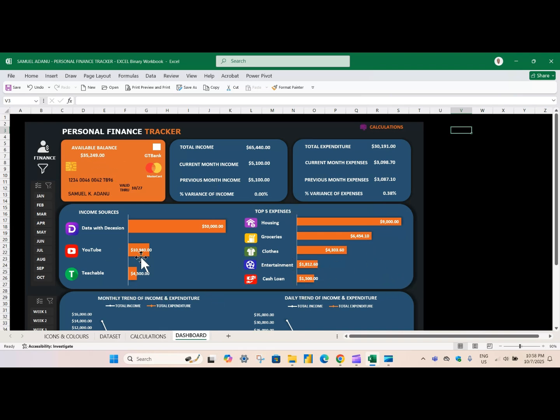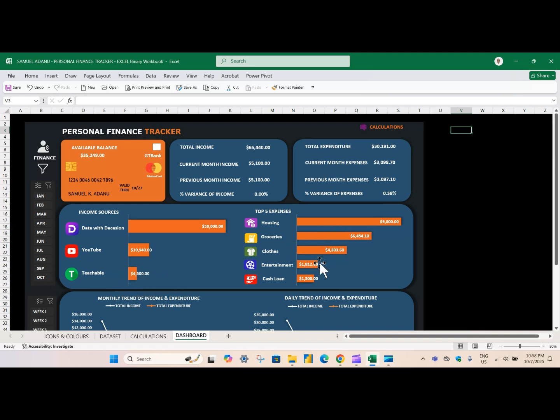And from the income sources clustered bar chart, we can see that Data with Decisions is the number 1 income source that has brought in an amount of 50,000 US dollars, followed by YouTube, which brought in 10,940. Then last but not least is Teachable, which brought in 4,500.